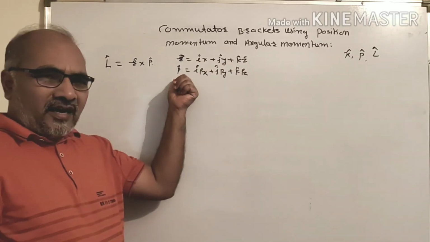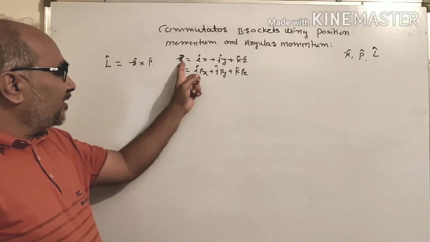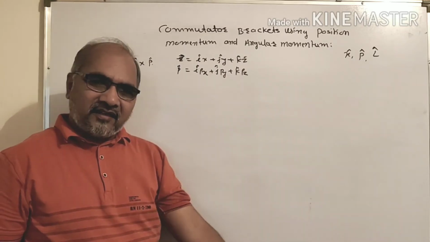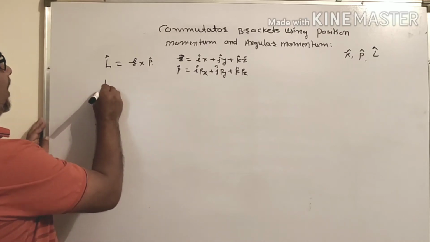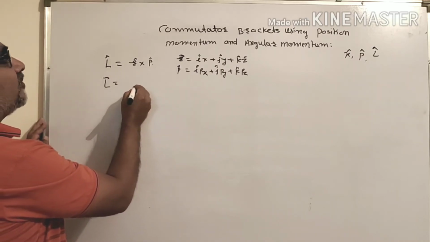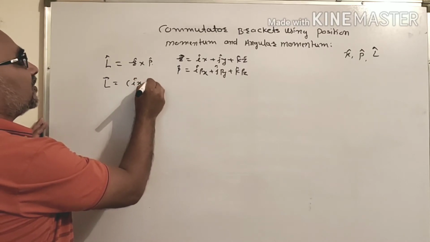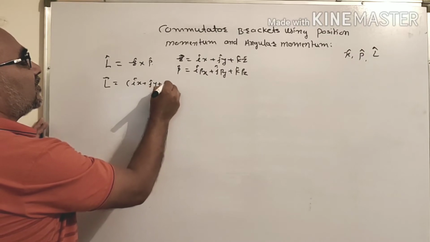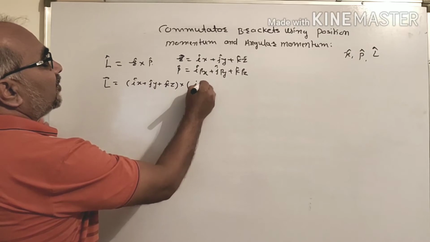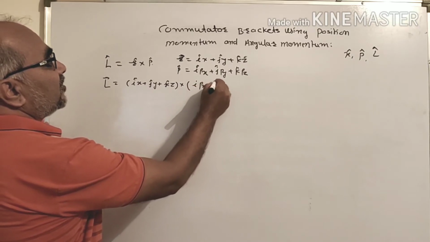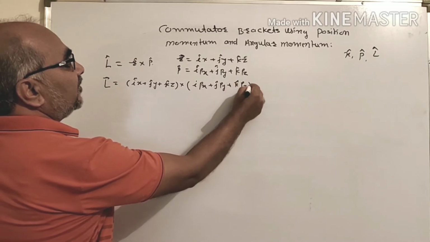So P has three components px, py, pz, and R is written in terms of x, y, z, and therefore the cross product L can be written as (i x plus j y plus k z) cross (i px plus j py plus k pz).